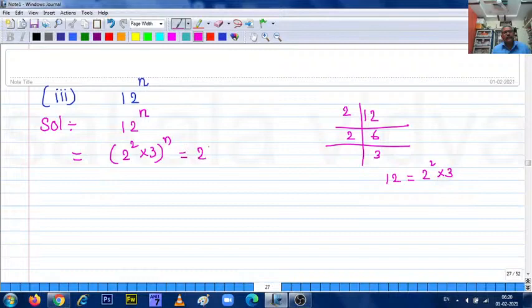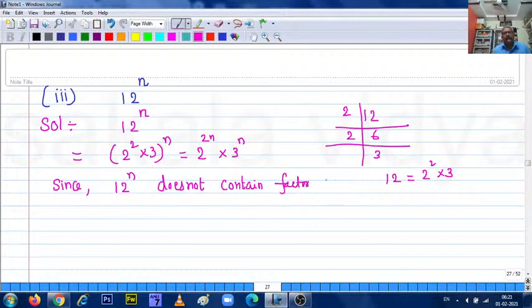This we can write 2 to the power of 2n into 3 to the power of n. It does not contain the factor 5. So since 12 to the power of n does not contain factor of 5, so 12 to the power of n cannot end with digit 0.